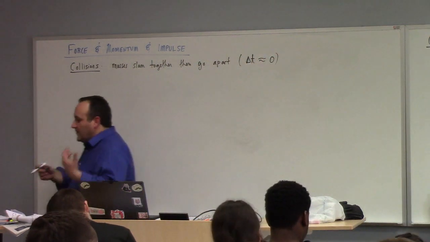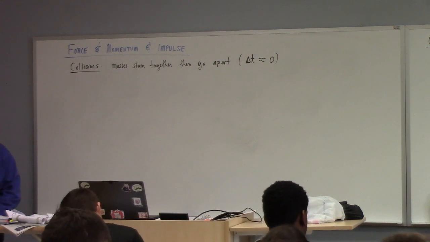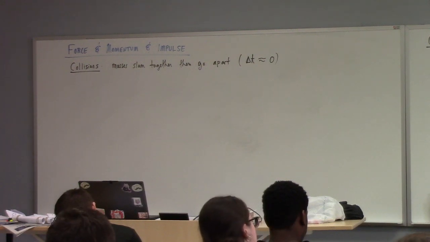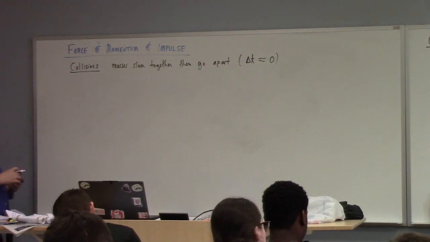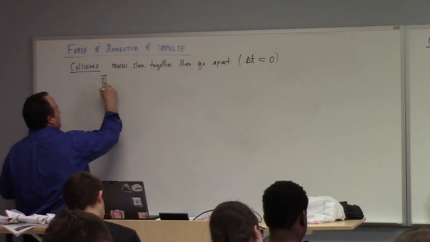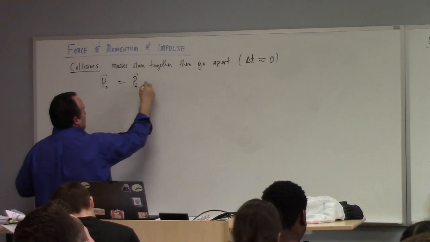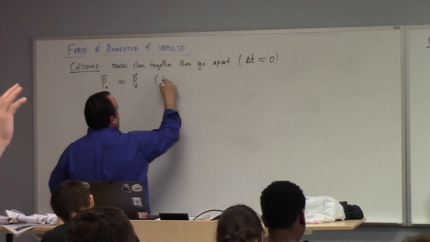Like the before and the after for a collision, it's so fast that there's simply not time for any force to be involved to change the momentum. So the key thing for a collision is that the momentum before is equal to the momentum afterwards. And I'm talking about total momentum.